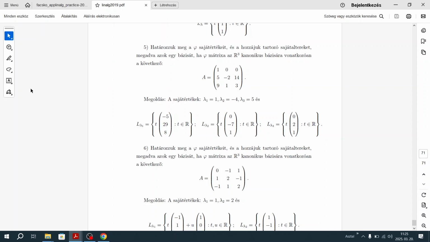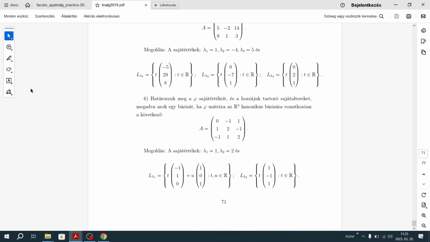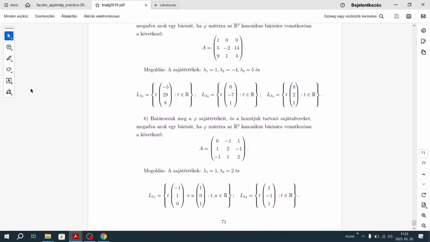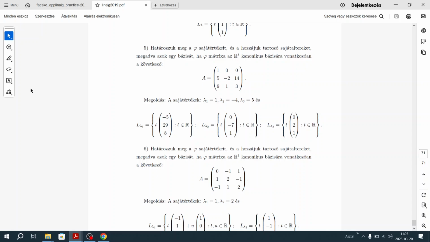Here, of course, it is in Hungarian, and we have 5 minutes. This is in the notes. I will not fix this. We have a matrix.